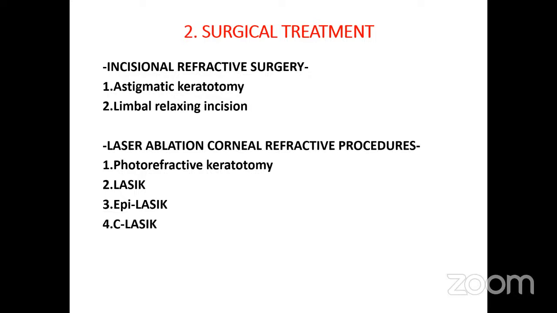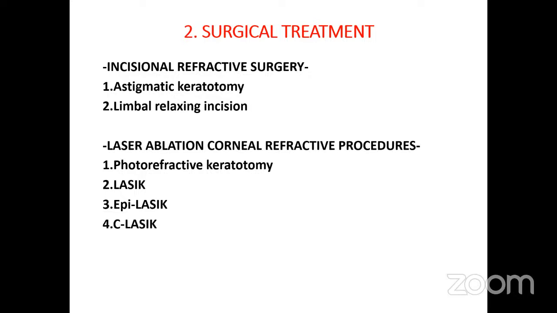All these limbal relaxing and astigmatic procedures are for regular only. If you want to do only astigmatic keratotomy for correcting refractive error, it can be done only for mixed astigmatism, when the spherical equivalent is near to 0. Of course, you can add it along with cataract surgery where you are correcting the spherical part also. Same way limbal relaxing incision.